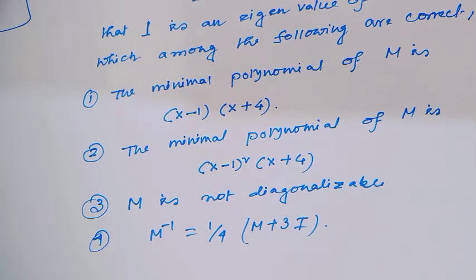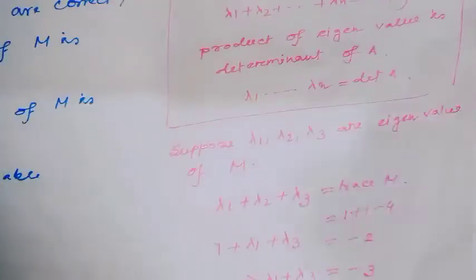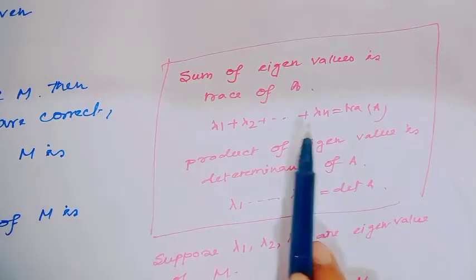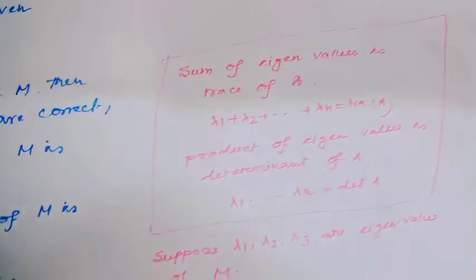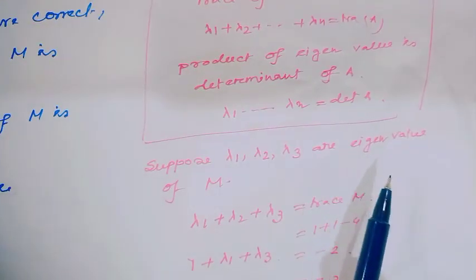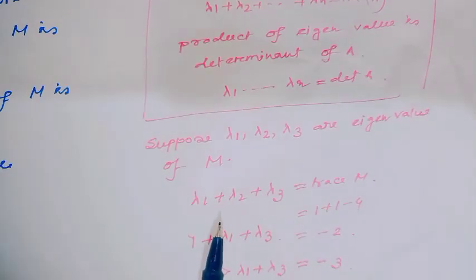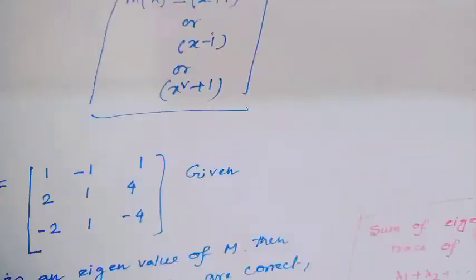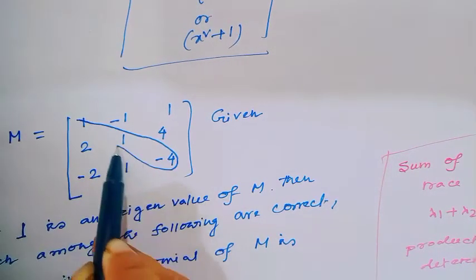For this, at first we have to find the characteristic polynomial. To find it, we all know the sum of the eigenvalues is the trace of A and the product of the eigenvalues is the determinant of A. Consider lambda 1, lambda 2, lambda 3 are the eigenvalues of the matrix M. That means lambda 1 plus lambda 2 plus lambda 3 equals the trace of A, and the trace means the sum of the diagonal, which is 1, 1, minus 4.